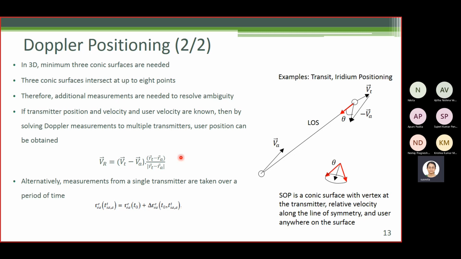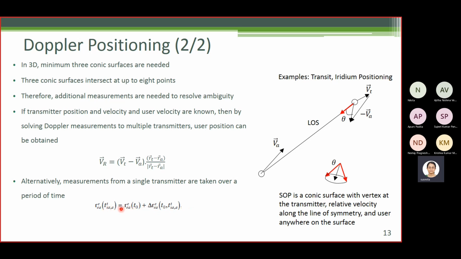Alternatively, if we do not get multiple measurements simultaneously from different transmitters, we can get measurements from the same transmitter over a period of time. If the user is stationary, not moving, then for all these measurements, R_a remains constant. But what if the user is moving? Then R_a is also changing, right? In that case, we can use some dead reckoning system and find the change in position.